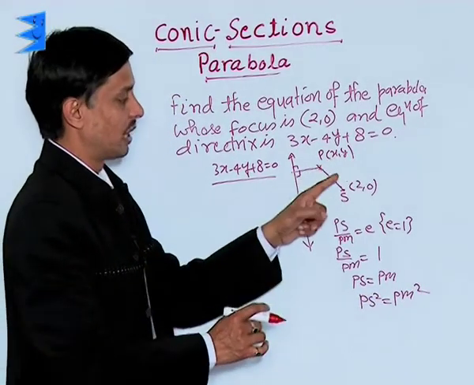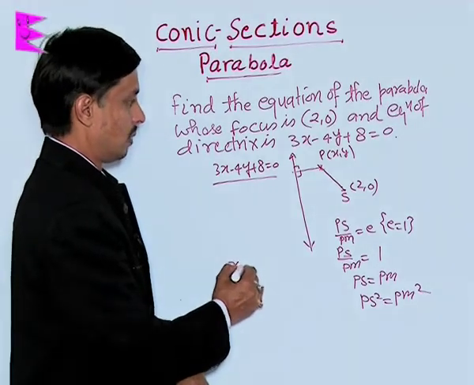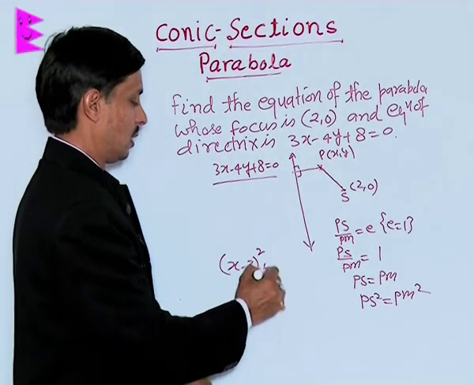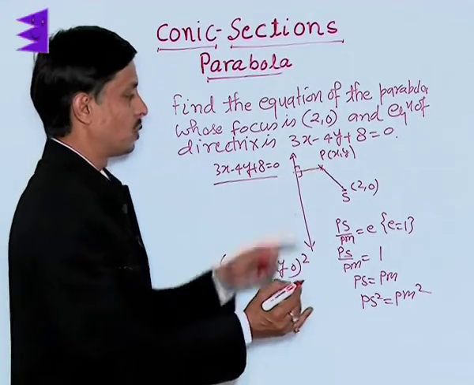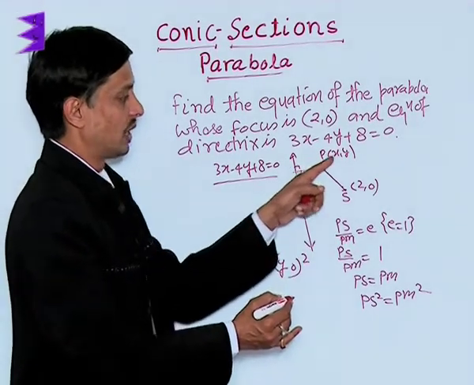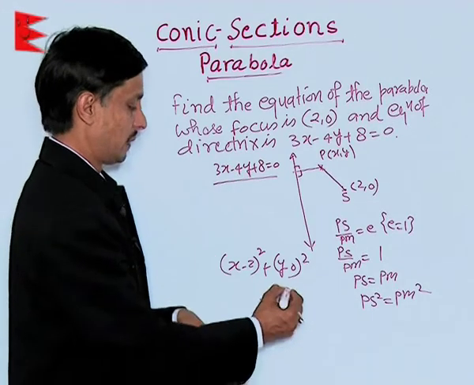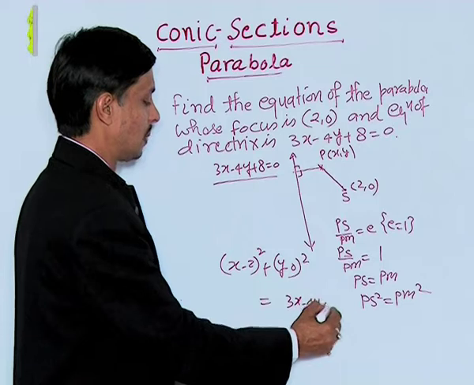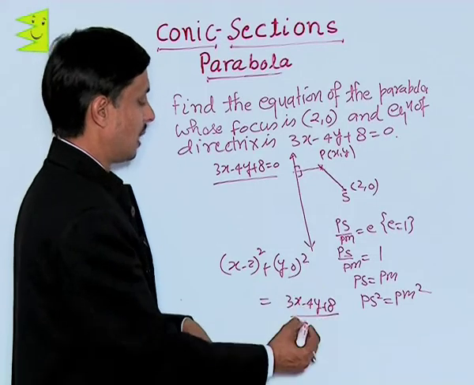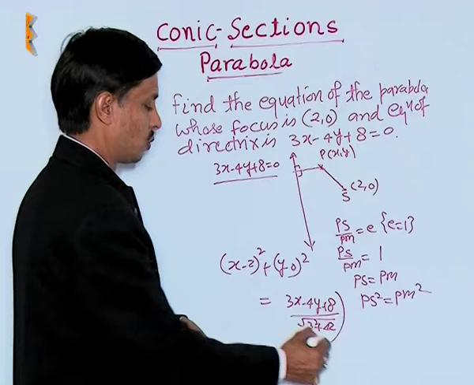PS square means distance of the point P from S, that is (x minus 2) whole square plus (y minus 0) whole square is equal to PM square, meaning distance of the point P from the line 3x minus 4y plus 8. This distance is (3x minus 4y plus 8) divided by root of 3 square plus 4 square.